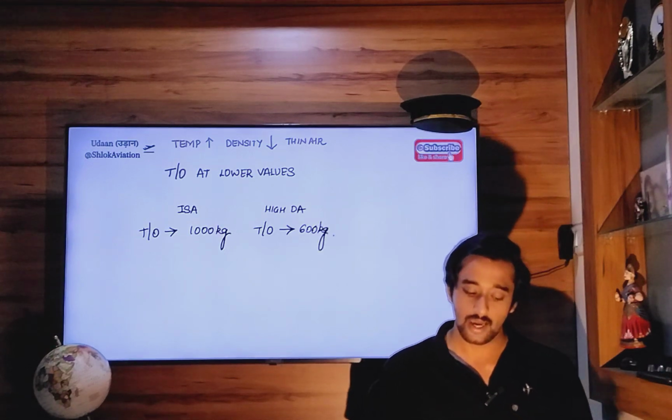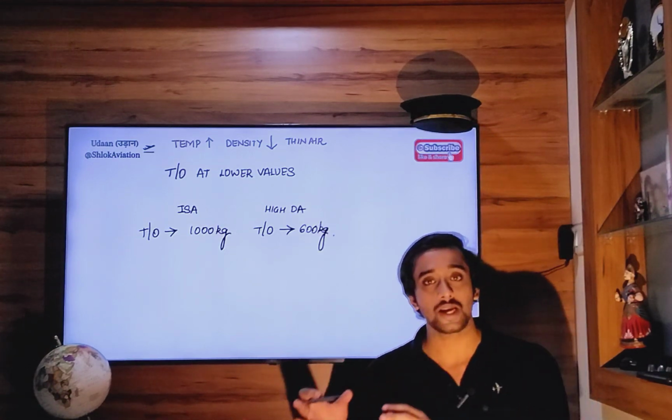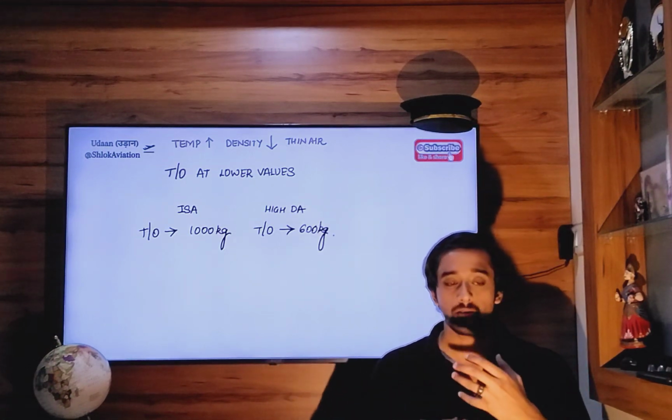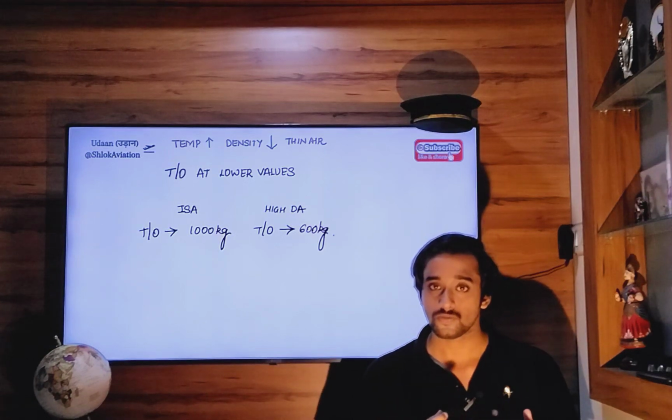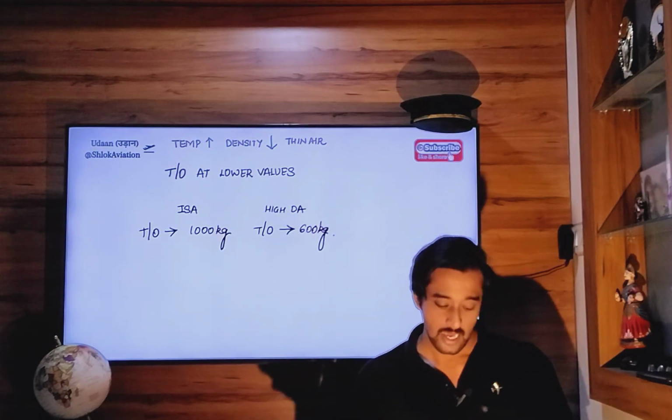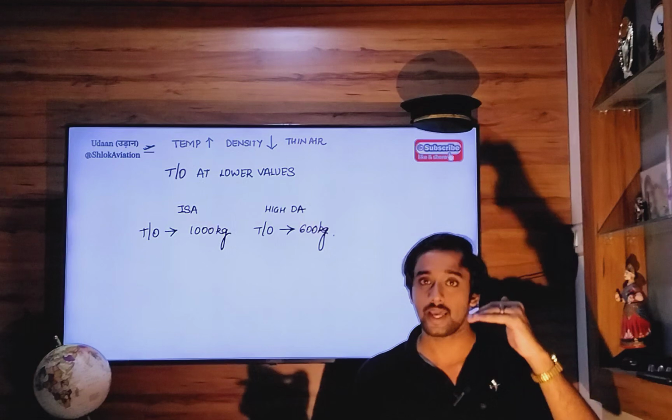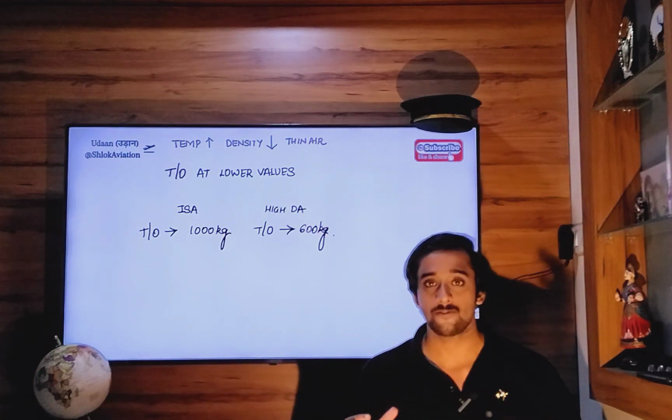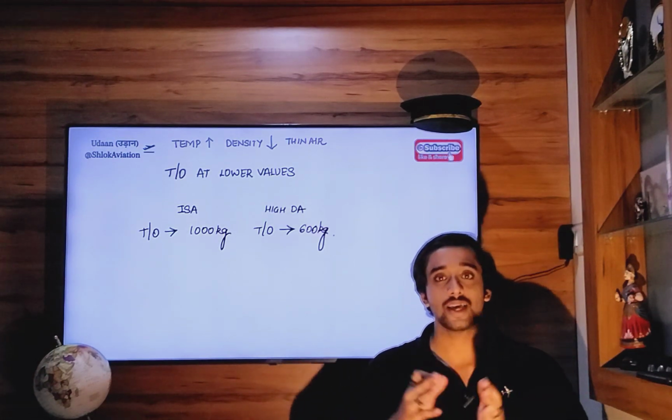So automatically as atmospheric conditions become unfavorable for your operation, the takeoff mass limitation decreases. On a good, perfect, favorable day, the takeoff limitation expands.